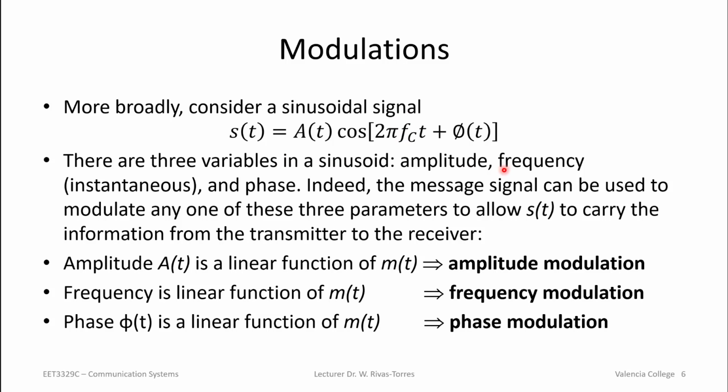But any of these three things can change: the amplitude, the frequency, or the phase. Indeed, the message signal can be used to modulate any of these three parameters. And we would call an amplitude A(t) that's a linear function of the message amplitude modulation. The same thing goes for frequency and phase modulation.